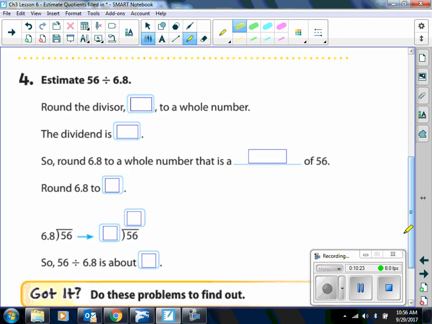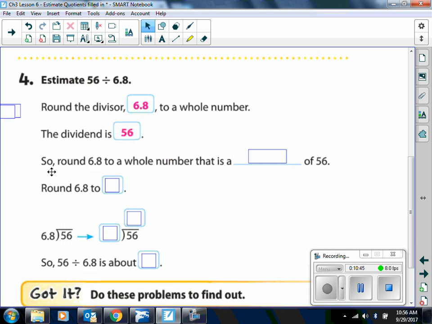So, let's take a look at example 4. Here we're going to estimate 56 divided by 6.8. So here we want to round the divisor. Which one is the divisor? 6.8, and we're going to round that to a whole number. The dividend is 56. Very good.